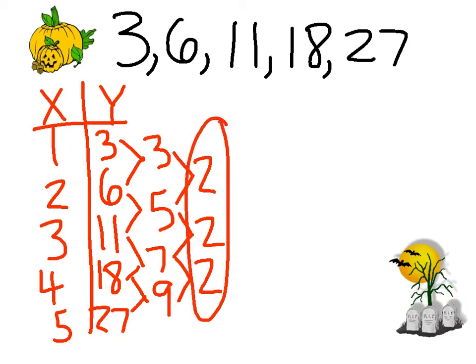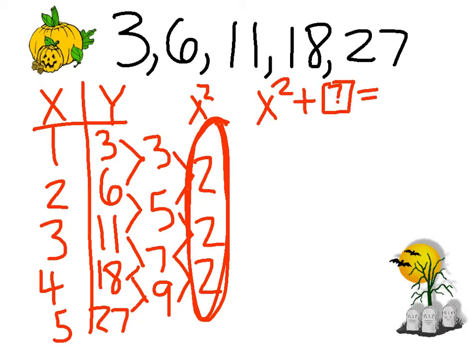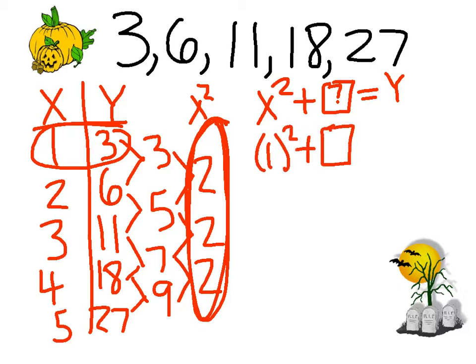Okay, so we take this to find our coefficient. When it's an x squared, we need to divide this by 2. 2 divided by 2 is 1, so we're just going to have x squared plus some number is equal to our y value. We plug in one of our ordered pairs to find our number. For our x, if we plug in 1, we get 1 squared plus our number is equal to 3. 1 squared is 1.